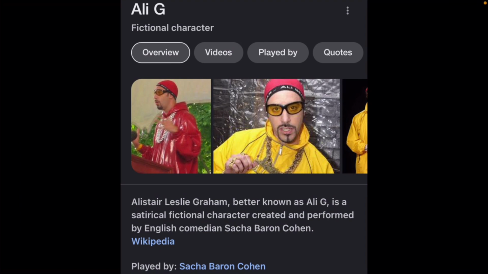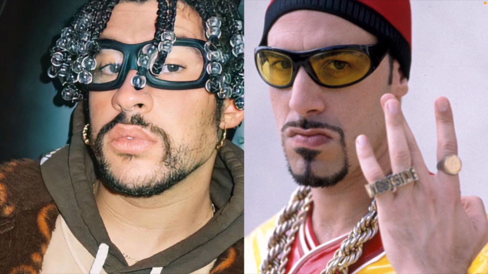Ali G is a satirical fictional character created and performed by English comedian Sacha Baron Cohen. And right here at the bottom, you can see that it says that this fictional character was played by Sacha Baron Cohen. And Sacha Baron Cohen is a big actor, and I will be talking about him later. But for now, I want to focus on his character that he literally played on the world stage, which is Ali G. And there's a lot of celebrities that do stuff like this, where they create their own fictional character in plain sight.